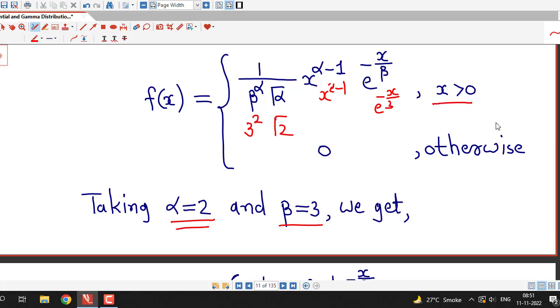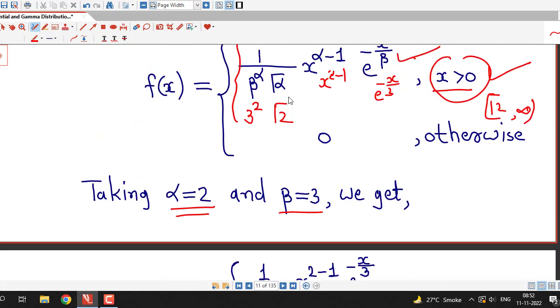Our range of integral is from 12 to infinity, so we will consider x positive. We consider the value of fx as this part, because fx is given by this formula if x is positive, and we have to integrate from 12 to infinity, so x is positive. So we will consider this portion.